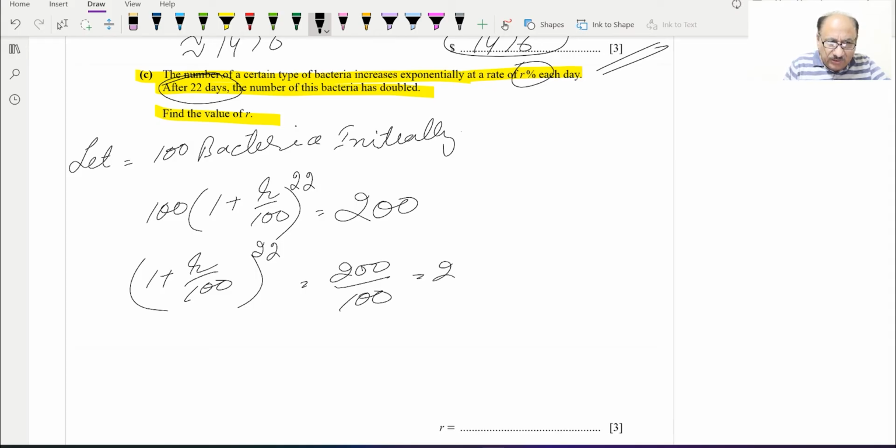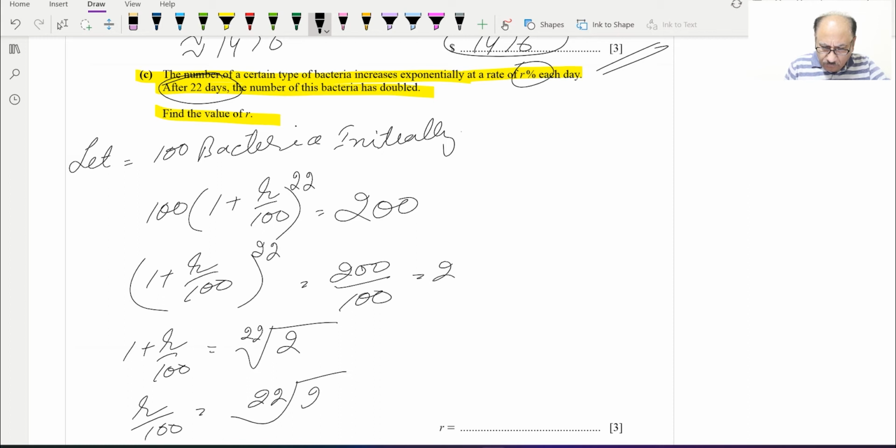So now we can take 1 plus R over 100 equal to the 22nd root of 2, and R over 100 will be equal to the 22nd root of 2 minus 1. Then R is equal to 100 multiplied by the 22nd root of 2 minus 1.